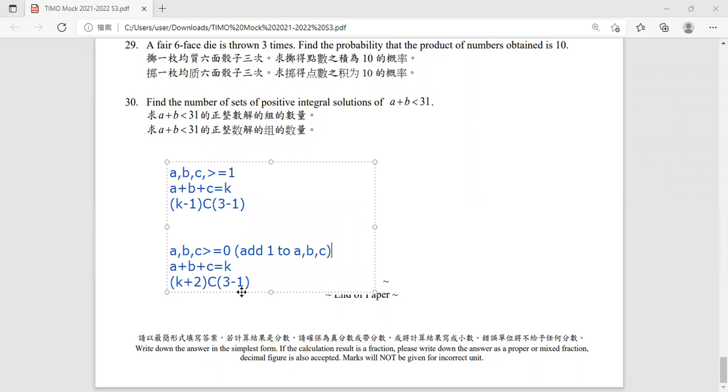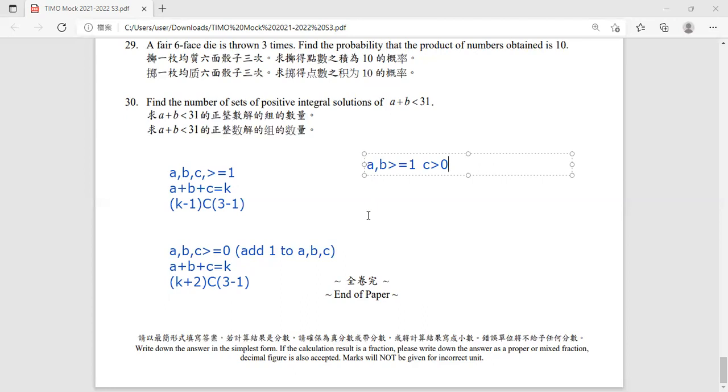Of course, you have other cases, because sometimes you have a case of splitting. Say a, b greater than or equal to 1 and c greater than or equal to 0. Then you have to add 1 only to c.